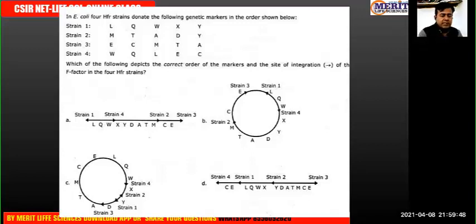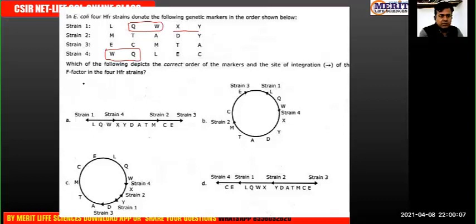So you have to prepare a linear order of everything. For example, find what is common. XY is common? No. QW is common here, right? Okay.